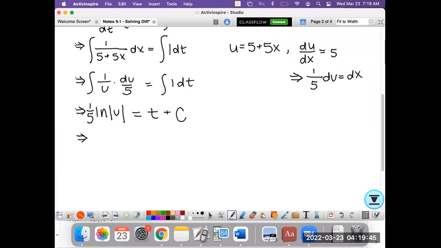All right, so I'll wait to multiply by 5. I'll go ahead and replace the u with the 5 plus 5x really quick. Now I'm going to go ahead and multiply both sides by 5.